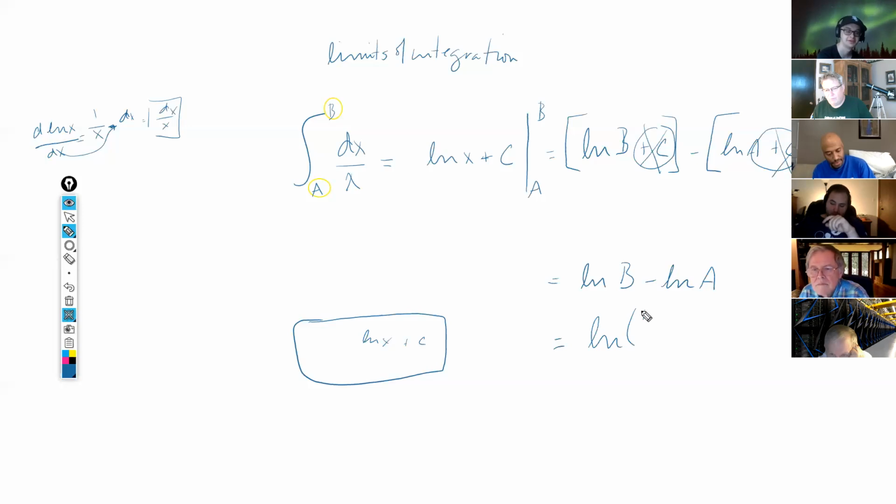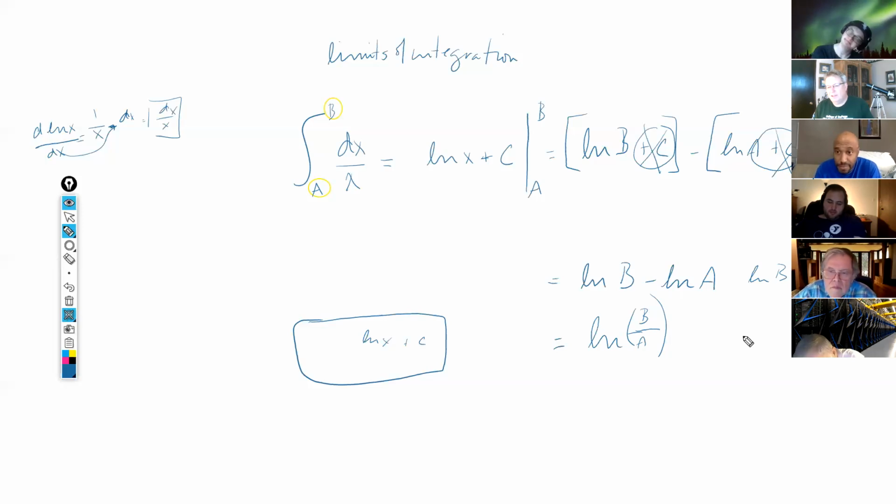Ding, ding, ding. Remember the rule? These tricks are going to be super important in what we're doing. Natural log of b over a. If this had been a plus sign, remember what plus would have been? Product rule would follow, right?